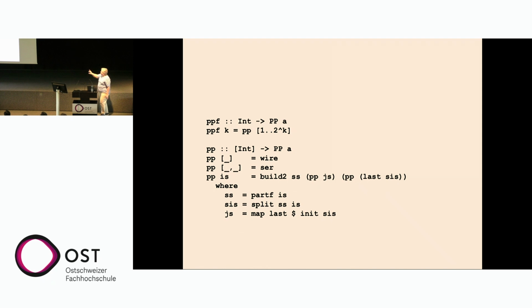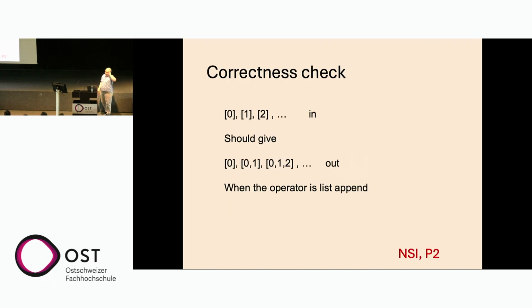So I was then able to write a very small piece of Haskell that doesn't involve any search to generate my network. And there's another trick that can be used here, in that I can do a correctness check also.